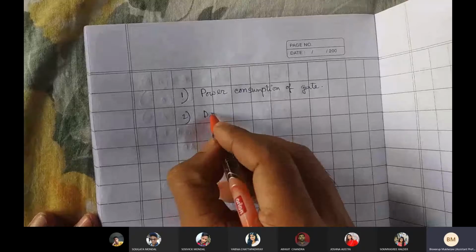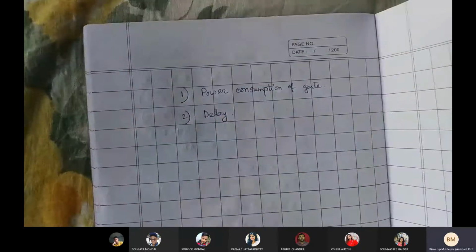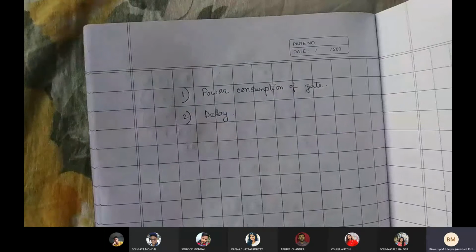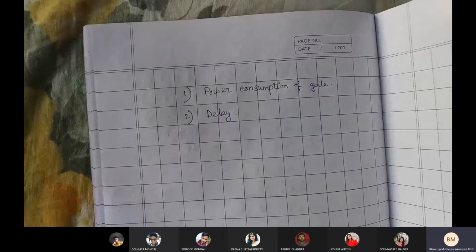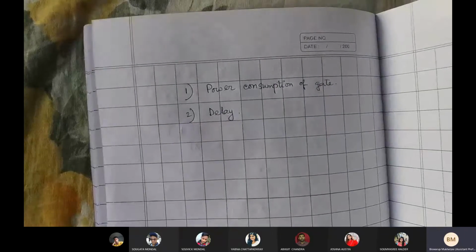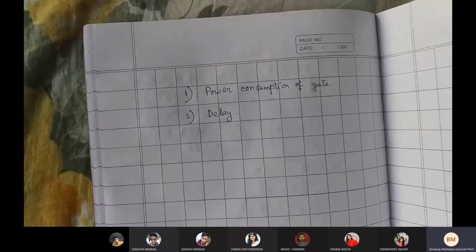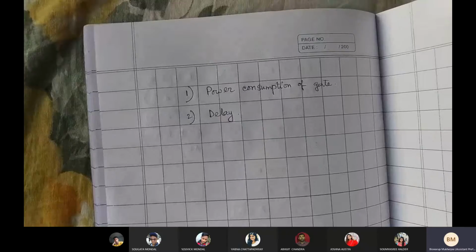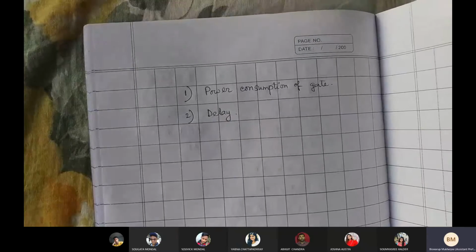Number two is delay. What does it mean? Whenever you provide input to these gates, within the gate structure there are transistorized circuits. These are built with semiconductors, so there will be some flow of electrons.